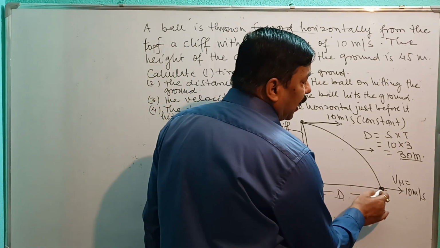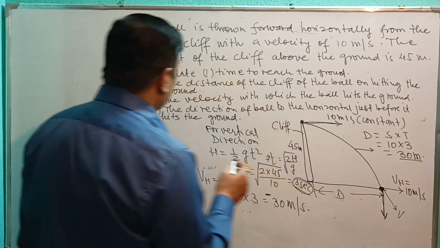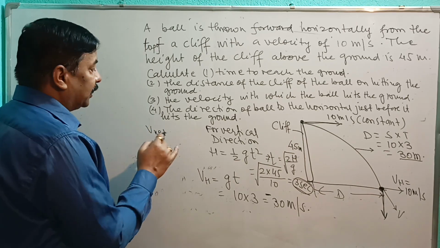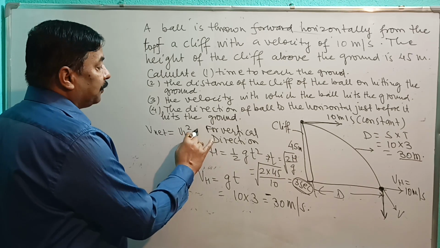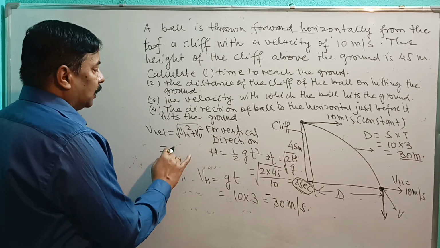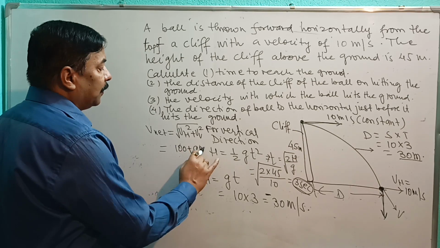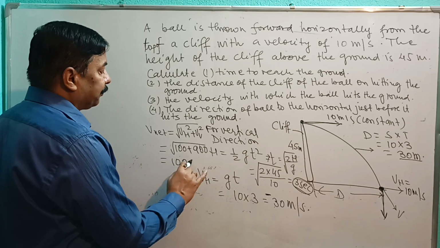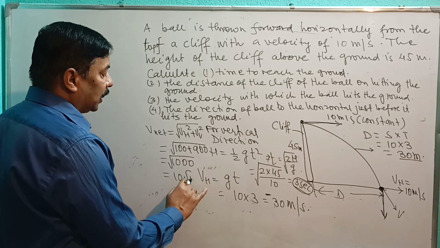So if you want to find the net velocity v before hitting the ground, v should be equals to v horizontal square plus v vertical square under root, that is 100 plus 900 under root, and this is giving you 1000 under root, this is giving you 10 root 10.